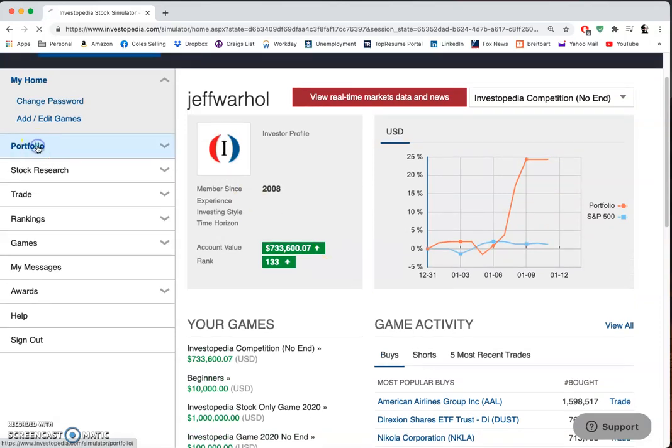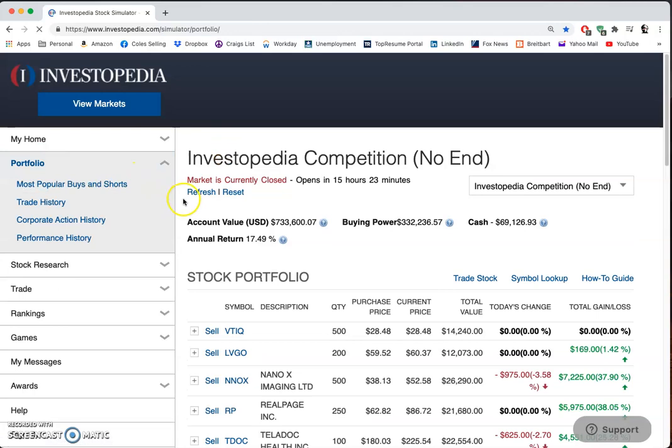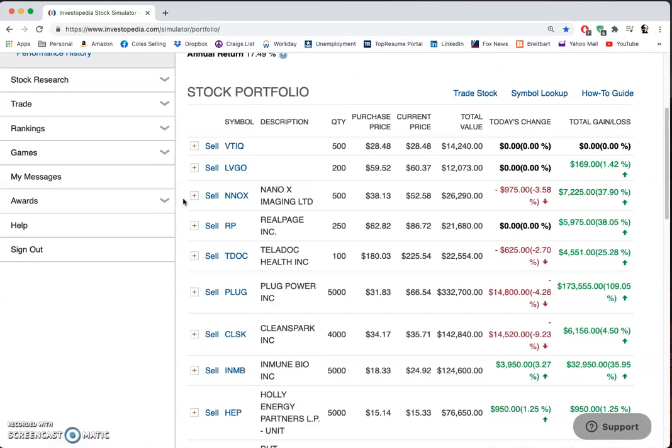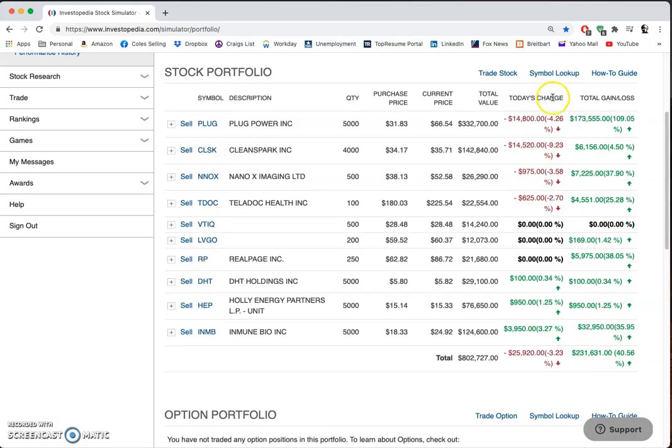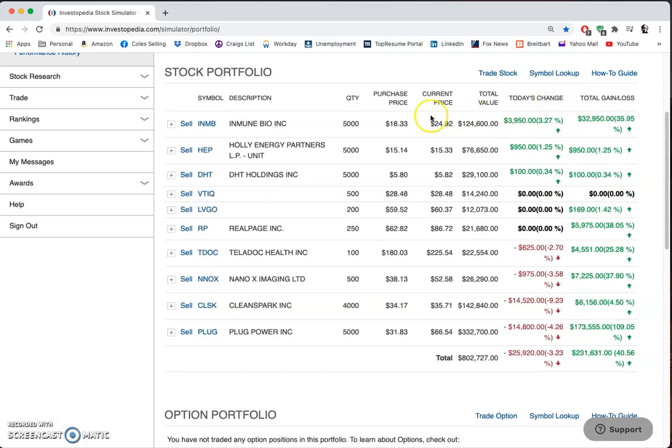Under the portfolio, these are the stocks that I have. This is a list of stocks that I have currently invested my Monopoly money in. These are today's changes in terms of dollar values. INMB, or Immune Bio: today I made $4,000 of Monopoly money.